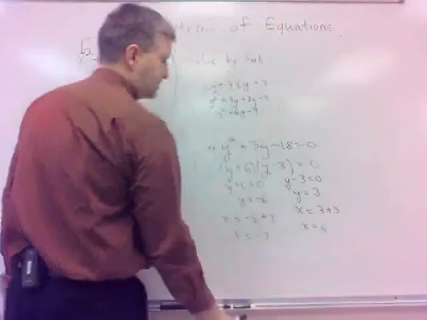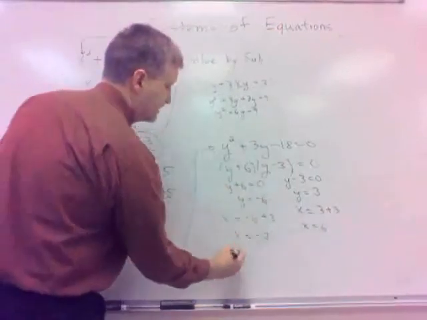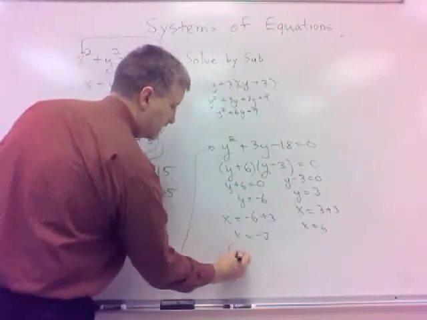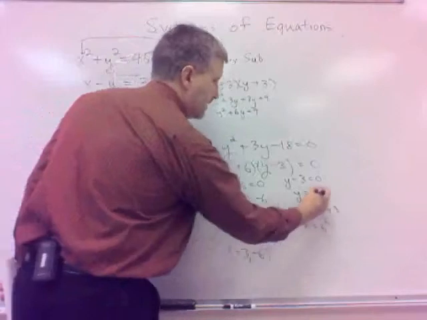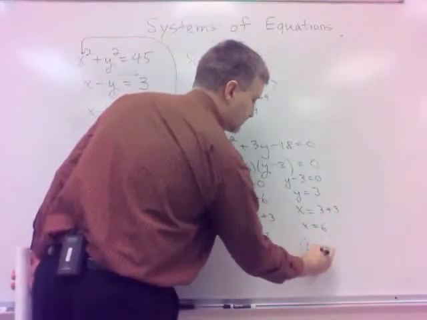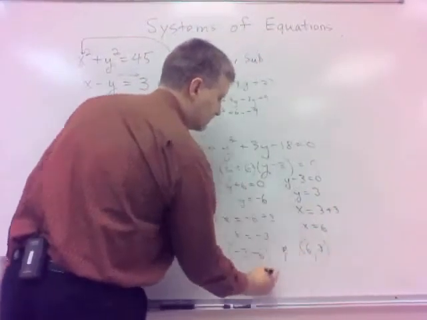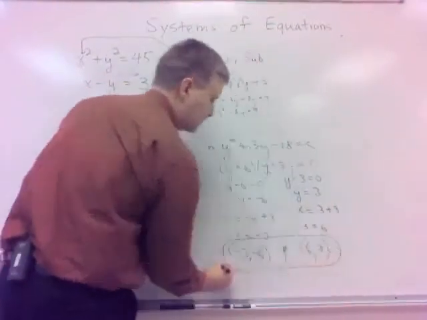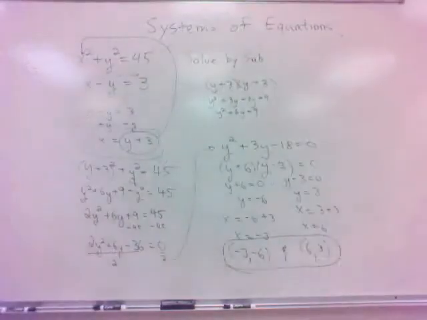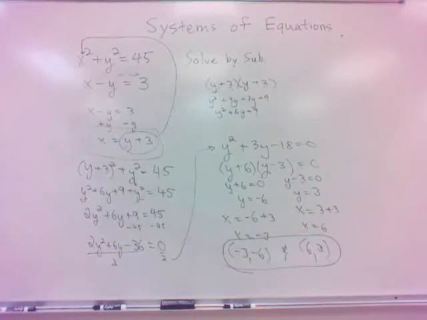So here I just get two answers. Negative 6 for y, so it'll be negative 3, negative 6, and this one would be 6, comma 3. Question or any concern? Did I do that okay?